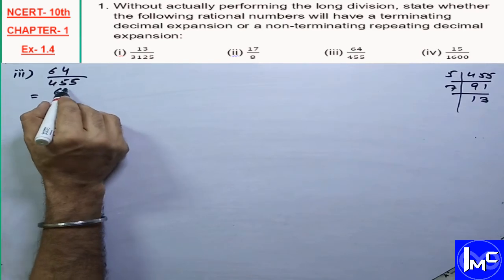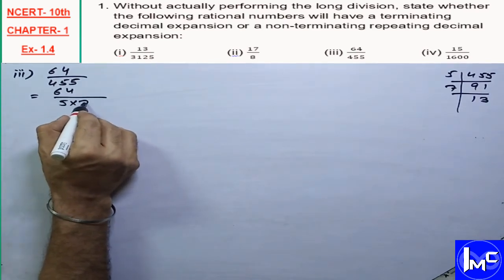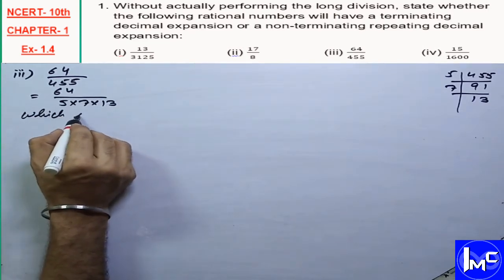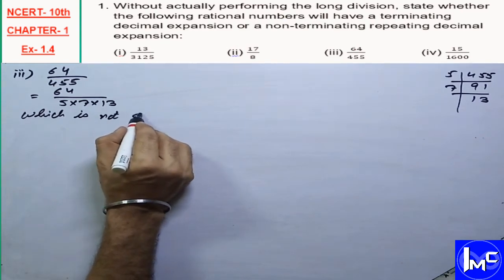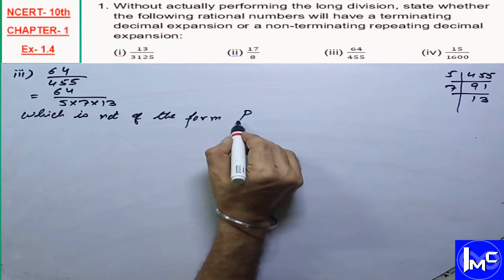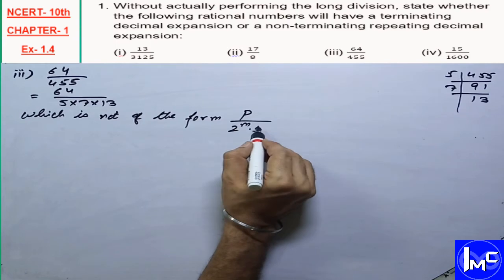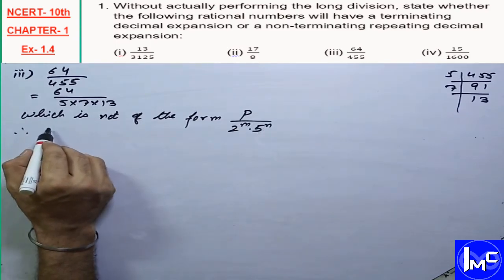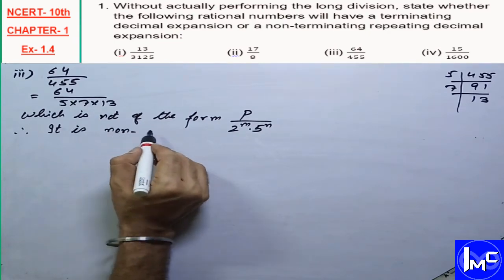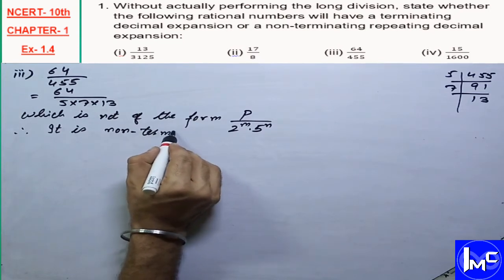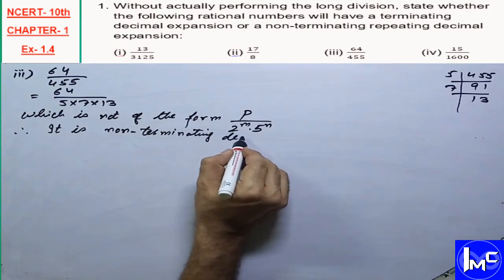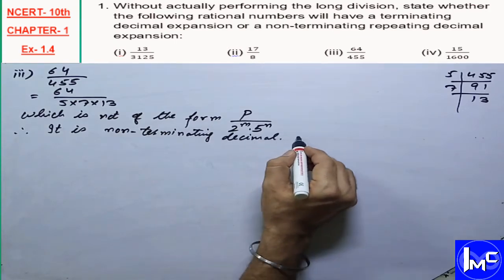It will become 64 over 5 into 7 into 13, which is not of the form p over 2 raised to power m 5 raised to power n. Therefore, it is non-terminating decimal form.